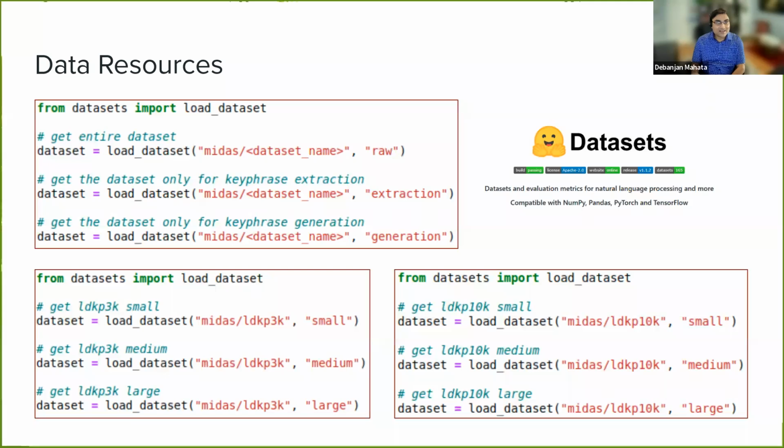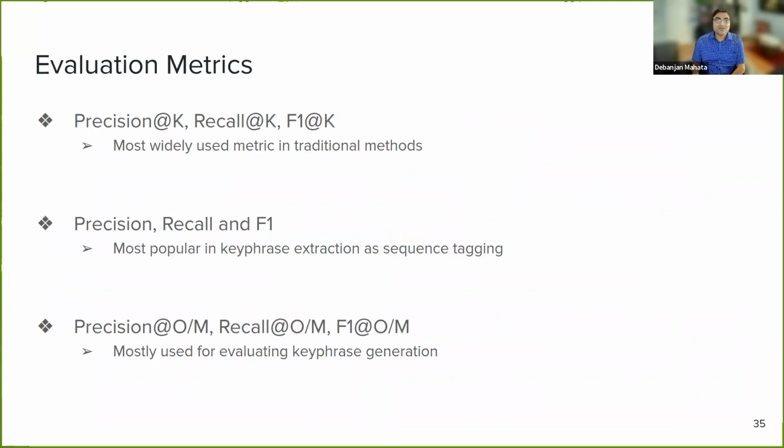As I said, all these resources are available publicly to use. Now let's look at the evaluation metrics. This is interesting, a little different from what we are used to in other machine learning problems. Precision at K, recall at K, and F1 at K are the most widely used metrics in traditional key phrase methods, and a lot of us are familiar with them.